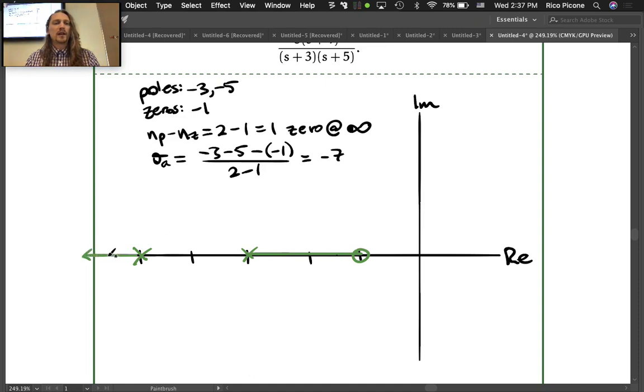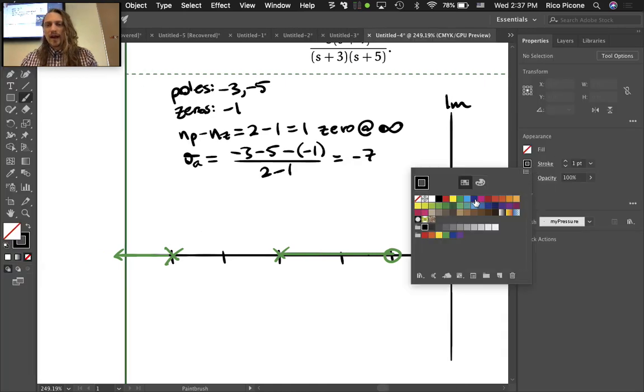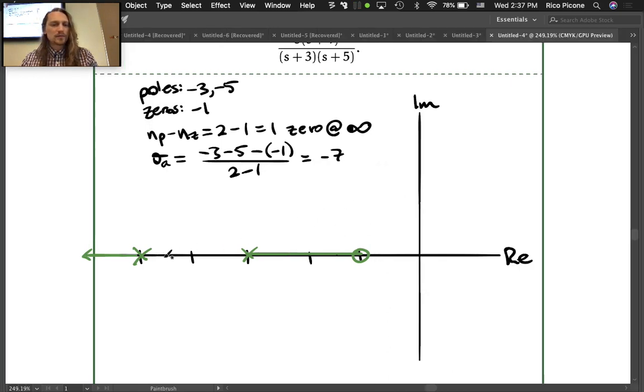So we're like out here. We'll just say right here, because I don't want to extend the green arrow more. So I'll draw the asymptote stuff in purple. So it's like out here. There's our sigma A. Now we need to do the angles.